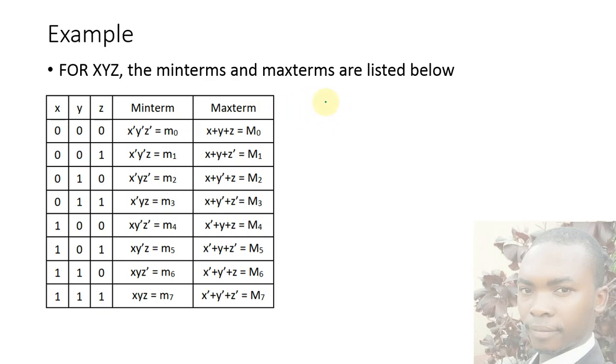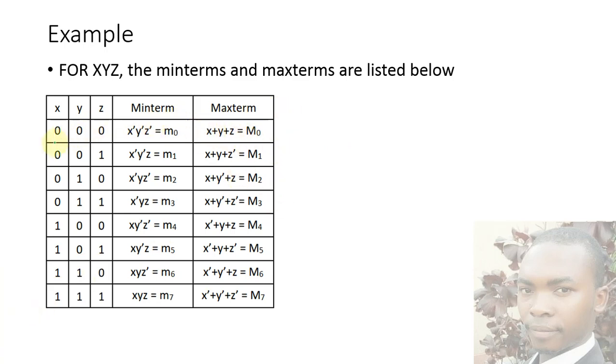A maxterm is a product of sums, so these are the sums. The maxterm is denoted by capital M, then J, whereby J will represent the position of this term in a given table. All right, so let's look at how to get it.